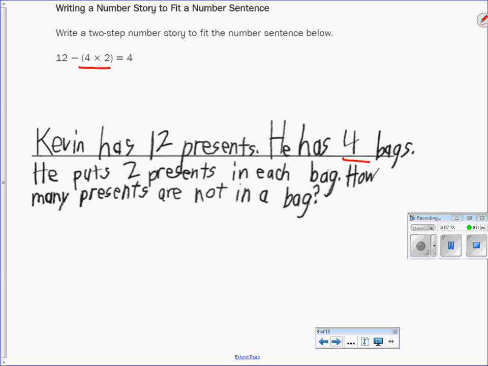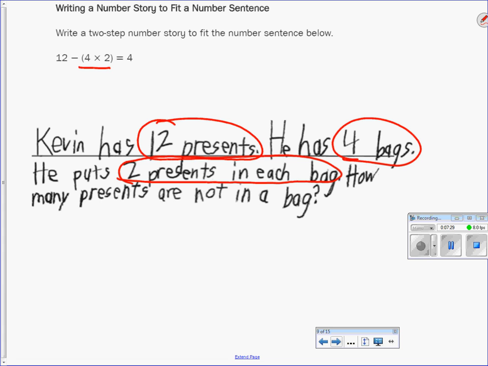Here he has 4 bags and 2 presents in each bag. So that would represent my 4 groups of 2, okay? And then to represent the 12, he tells me that there are 12 presents total, okay? So this would be a good example for this particular problem.